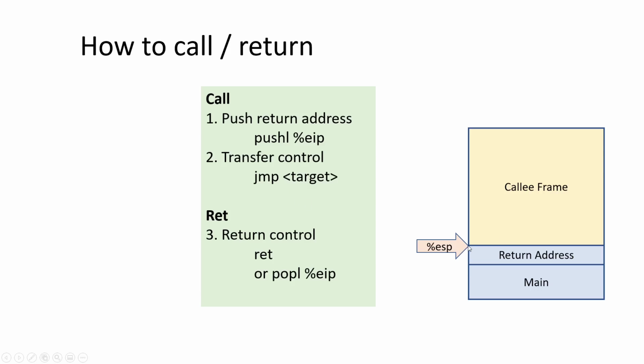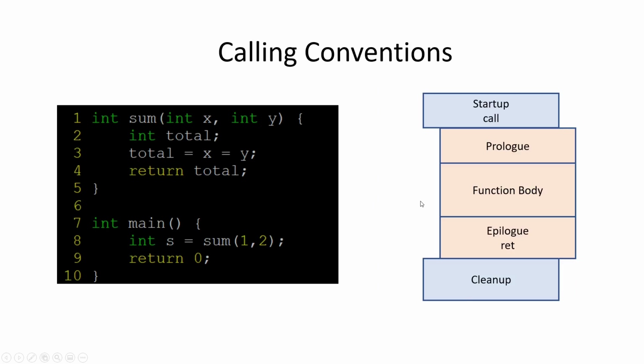Anyway, once the stack pointer is returned to this, this is the epilogue part of the callee convention, to make sure that I move the stack pointer back down so it's pointed at the return address, and then I'm going to pop this. It goes back into the instruction pointer, and we carry on.